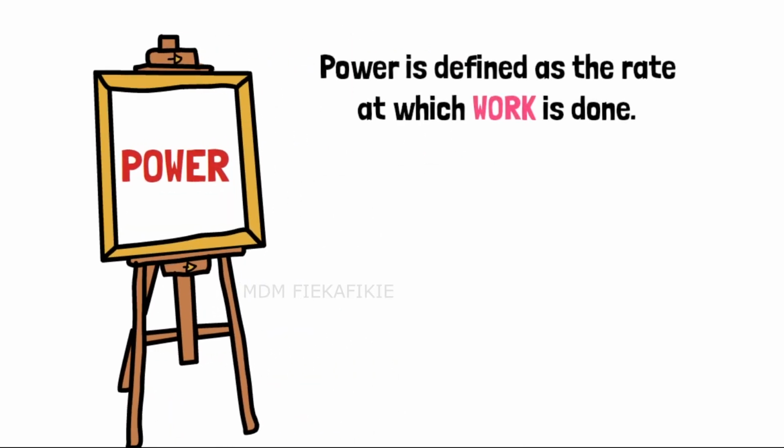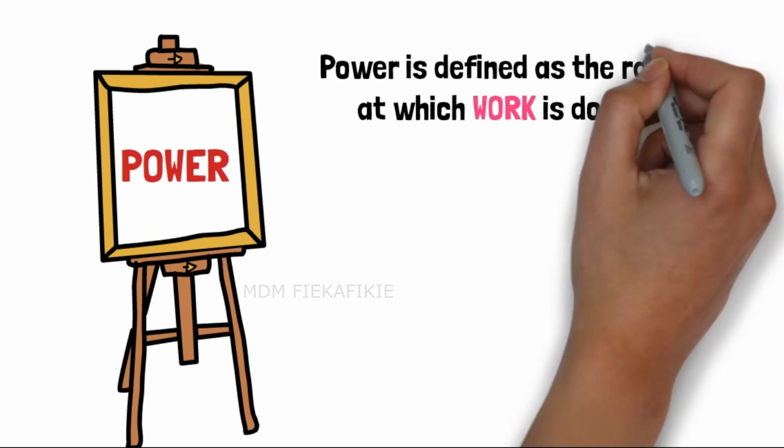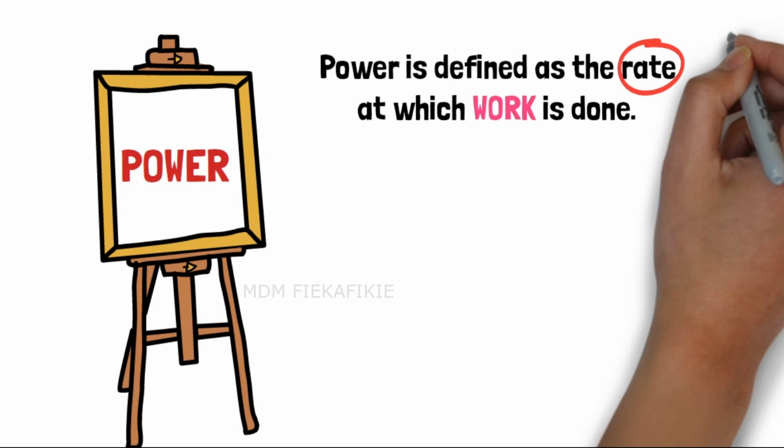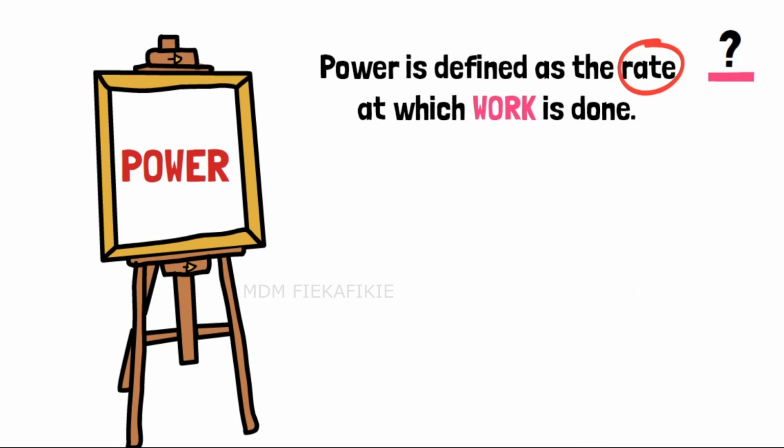Dan subtopik yang terakhir dalam chapter 5 adalah berkenaan dengan power, where power is defined as the rate at which work is done. Bila ada perkataan rate dalam definition, kita akan kaitkan dengan sesuatu perkara bahagi dengan masa, which is T. So in this definition, power is defined as the rate at which work is done. Means that power is equal to W, which is work, divided by T, which is time.